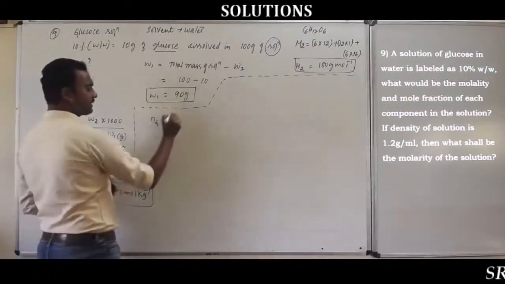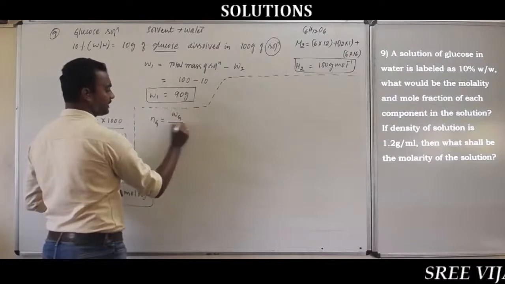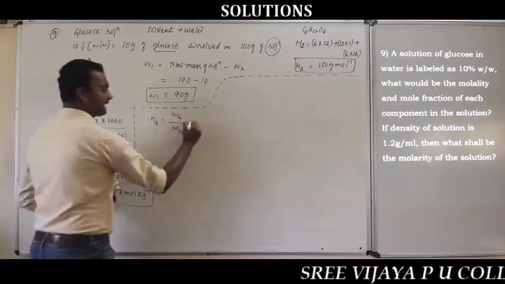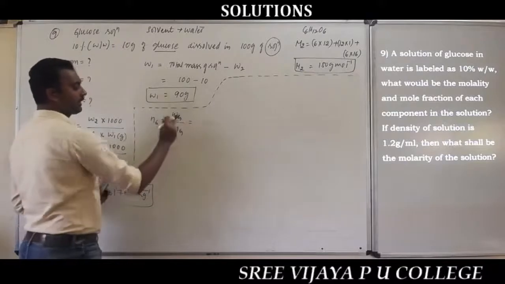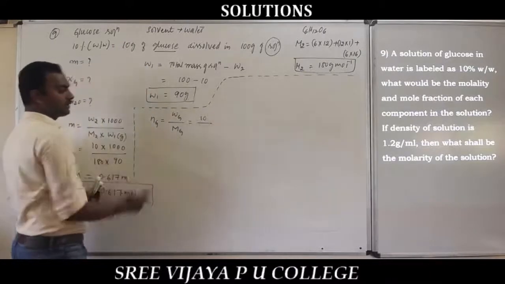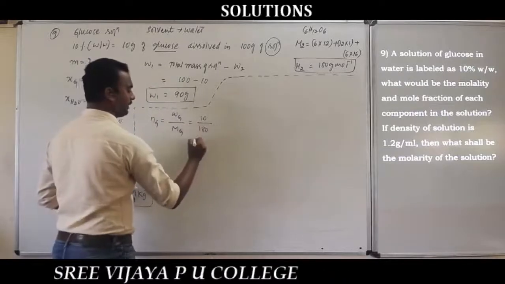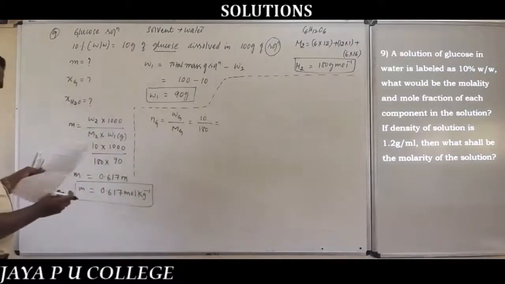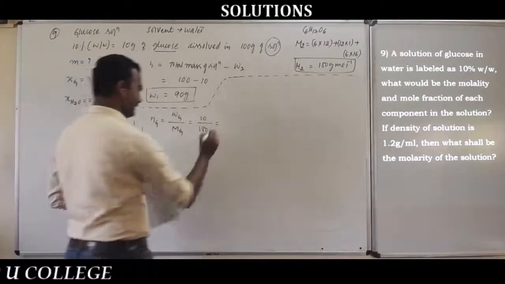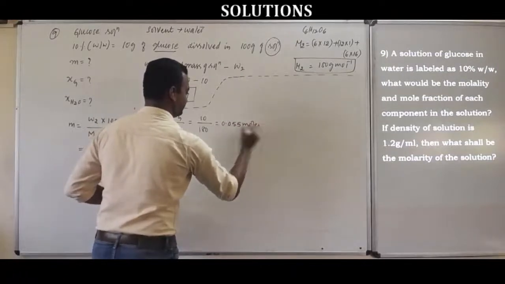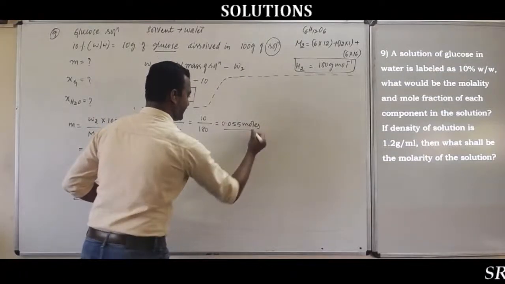Number of moles of glucose is equal to mass of glucose divided by molar mass of glucose. Mass of glucose is 10 gram, divided by molar mass of glucose, 180 gram. So that is 10 divided by 180, that is 0.055 moles. That is the number of moles of glucose.